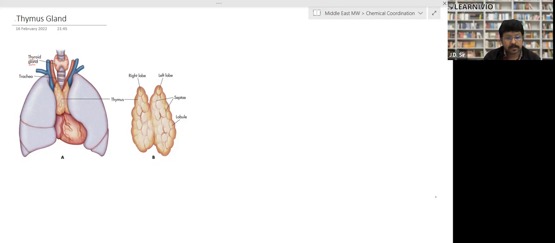At birth time, the thymus is 10 to 15 gram in weight.